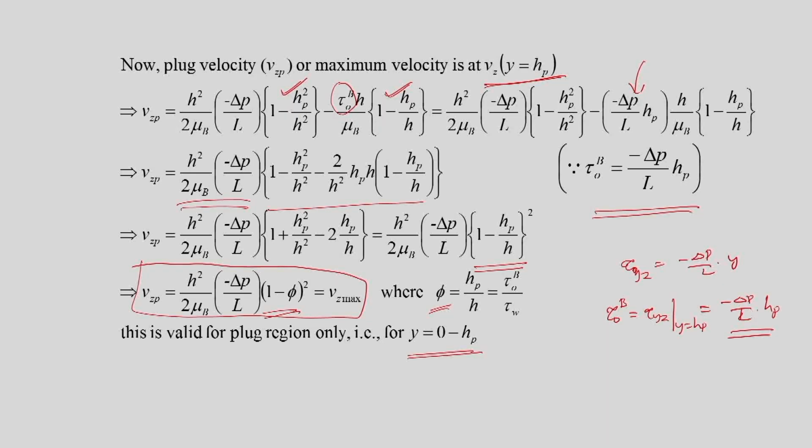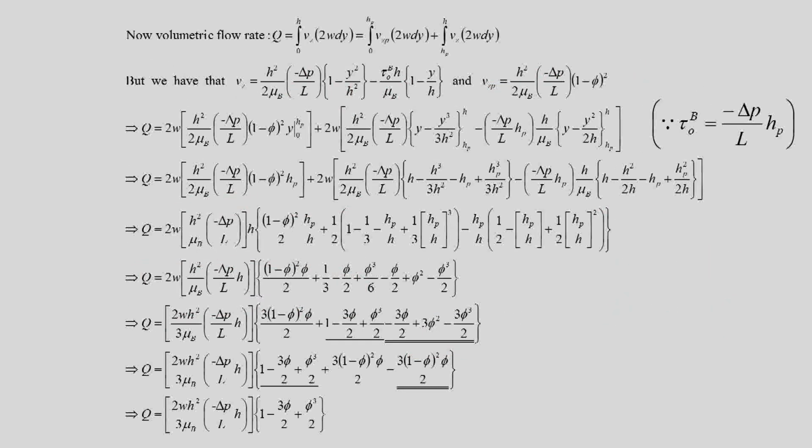Now, you have the velocity profile for the solid en masse plug motion as well as the shearing zone. So, that means you have the entire velocity profile. Now, you can obtain the volumetric flow rate. The volumetric flow rate here is q equals integral of V z 2 w dy, with the lower and upper limits of integration 0 and h.